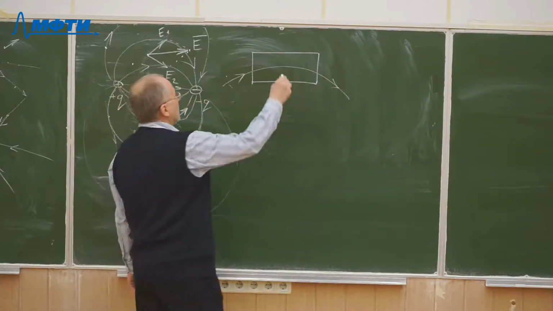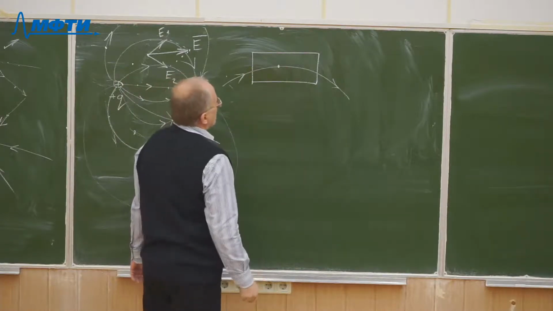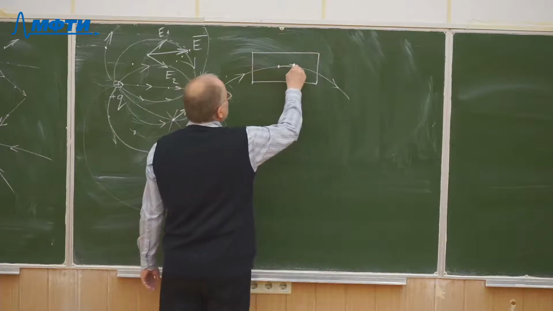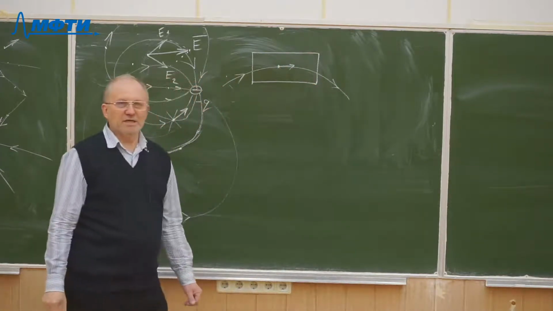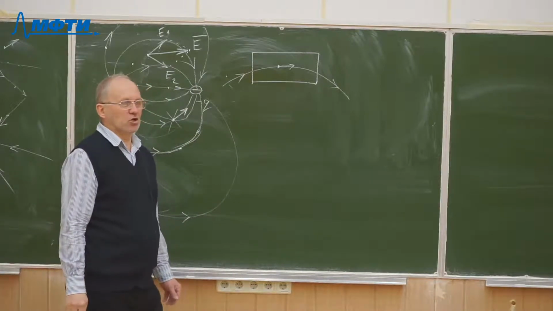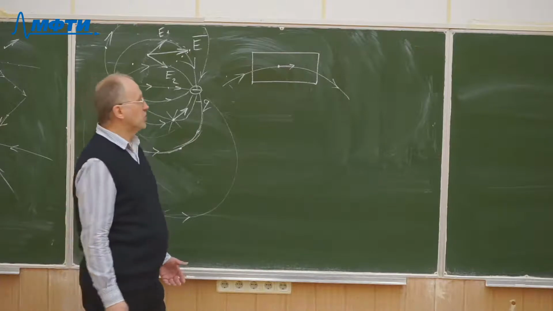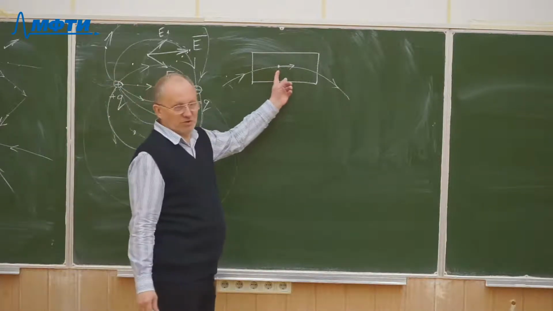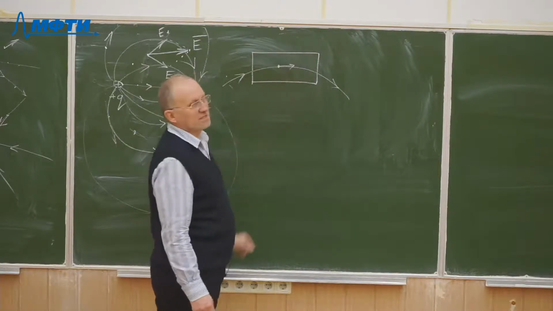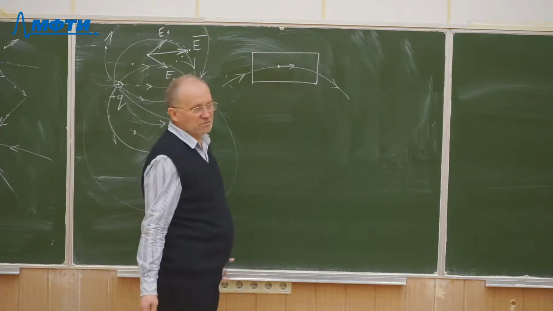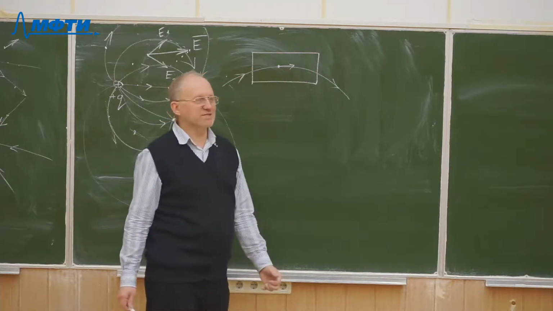Why? Because any small charge here, any electron here, will experience a force acting on it, and it will move. But according to the definition of electrostatics, no movement of charges is possible. In electrostatics, all charges are in static equilibrium. They don't move. There is no macroscopic motion of charges in electrostatics.